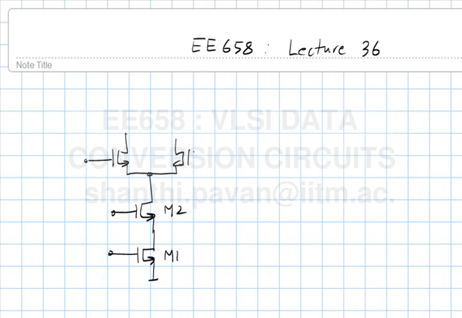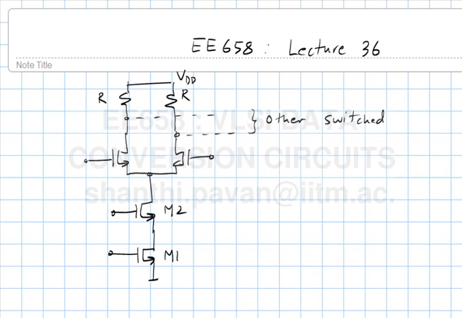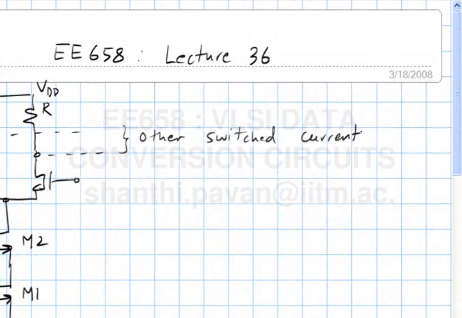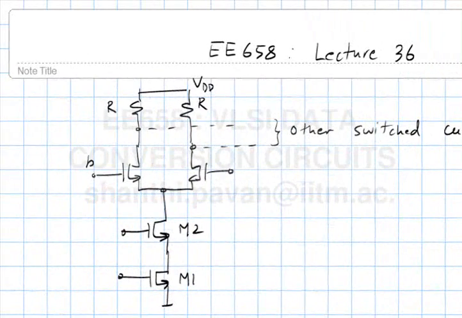M1, M2, this is the switching pair, and this goes to the load resistance, and as we understand, the output goes to other switching sources, and this is B and B bar, and this is M3, M4.